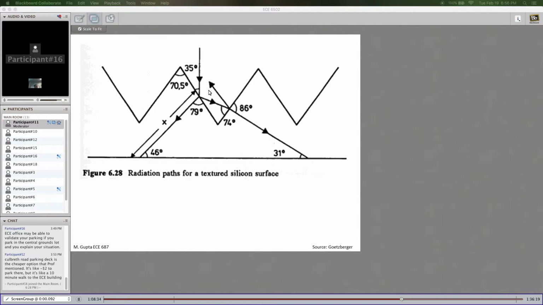George is correct. Why not combine what we learned and put an anti-reflection coating on this textured surface. And that will reduce reflection to about 3%. So people have really minimized the reflection loss for silicon wafers for solar cells from 35 to 40% to about 3%.